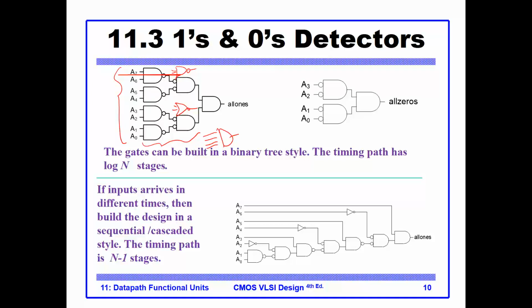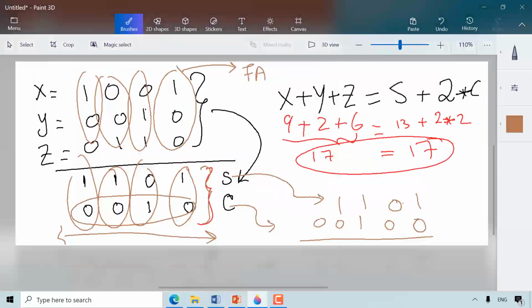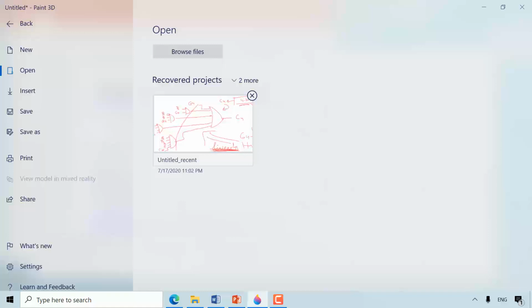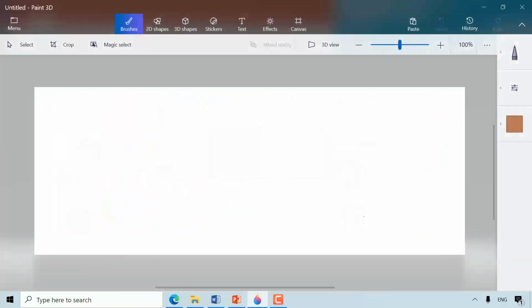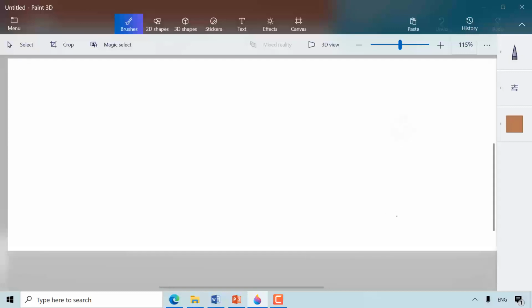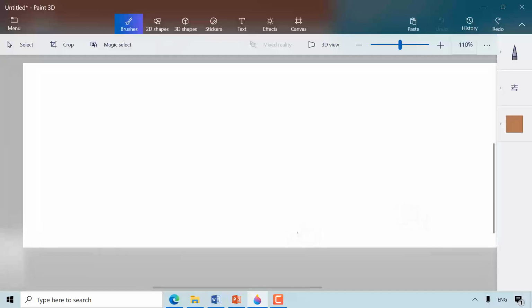Now, let me just go to the whiteboard and include an interesting discussion here. Suppose I want to detect a 1 from 16 inputs.